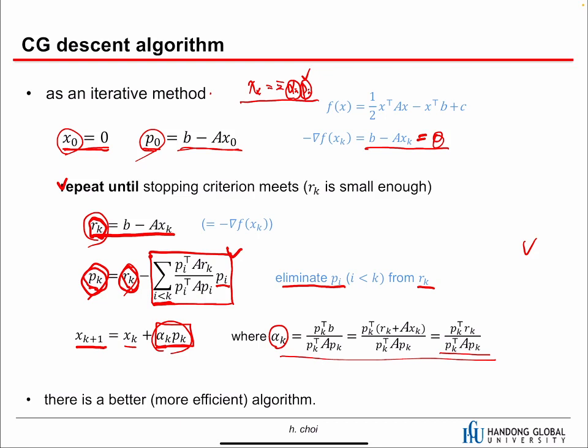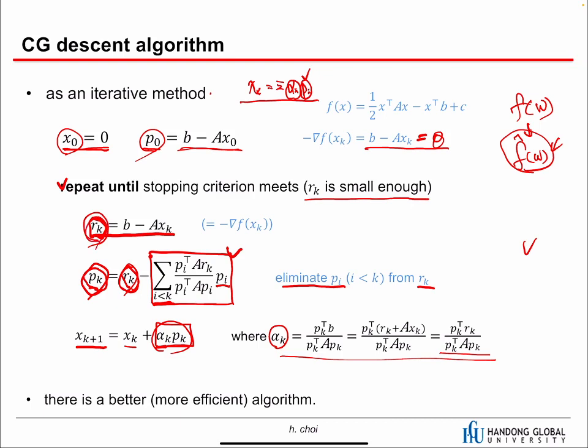Again, we have a function f of w, and we approximate this with the quadratic function f hat. Since this one is a quadratic equation, the conjugate gradient can minimize it. When r sub k is small enough, we stop. Is it good enough?